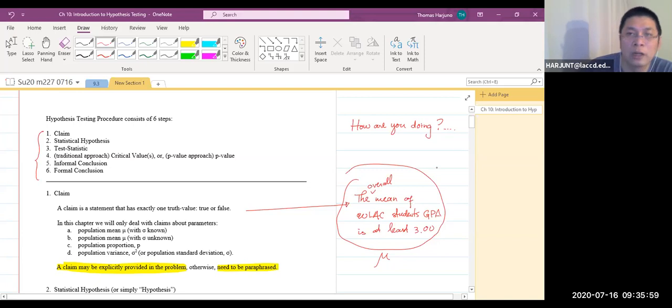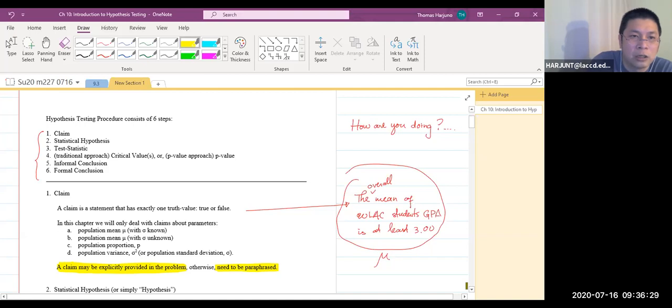Now that's one, it's about the claim. I think the claim is actually quite easy until we look deeper into problems where we need to paraphrase the claim. But most of the time the claim will be explicit. Of course there are some complications later on, but I'm not teaching you the complications on the first day. On the first day you deal with hypothesis testing, we'll deal with easy ones.